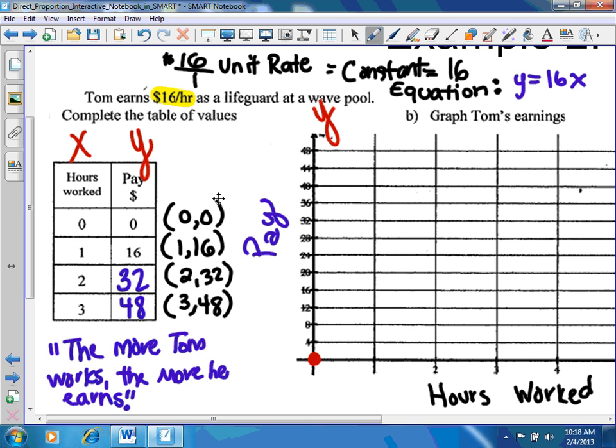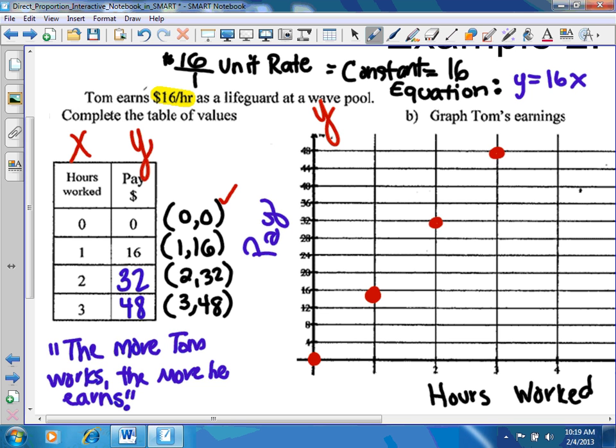Okay, next, 1 hour and then $16. So we go up till we find 16, and we make another point: 1, 16. Then 2 hours worked gave us how much money? $32. Another point. 3 hours worked gave us $48, all the way at the top.